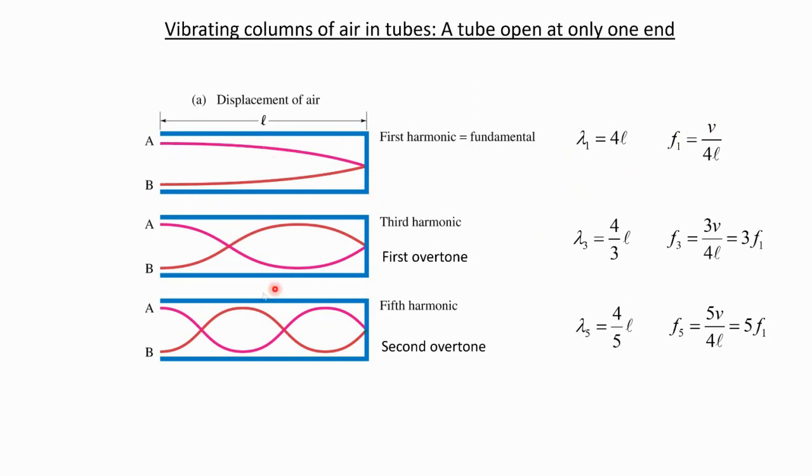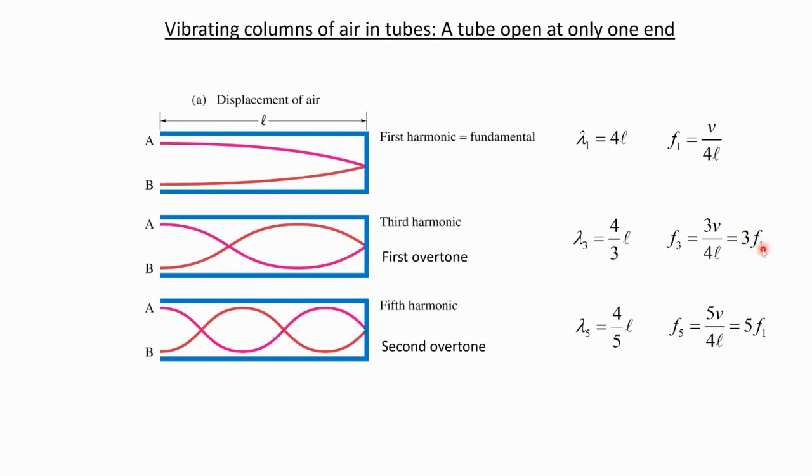Here are the next modes of oscillation that you can get. So there's one node here, and then the next one has 2 nodes, you see. And so that's the first overtone. Add another node and you get the second overtone. But what's interesting is that if you work out these frequencies, notice that you've got the fundamental frequency, and then the next mode of oscillation is 3 times the fundamental frequency.